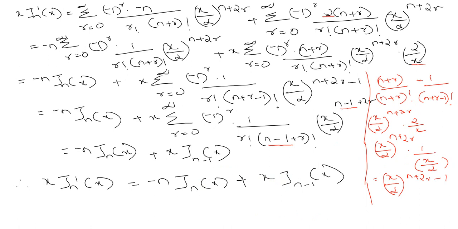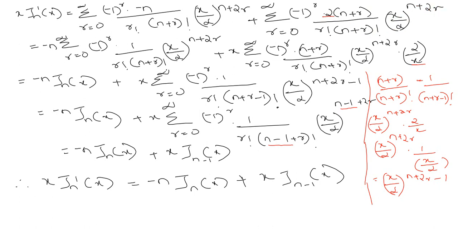So that is x into Jn dash of x is equal to sigma r = 0 to infinity (-1)^r into (-n)/(r! (n+r)!) into (x/2)^(n+2r) plus sigma r = 0 to infinity (-1)^r into 2(n+r)/(r! (n+r)!) into (x/2)^(n+2r).